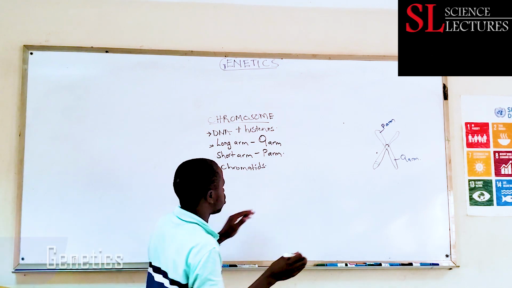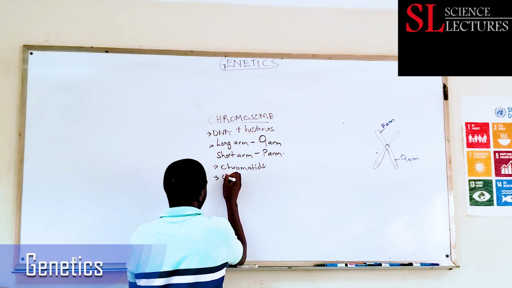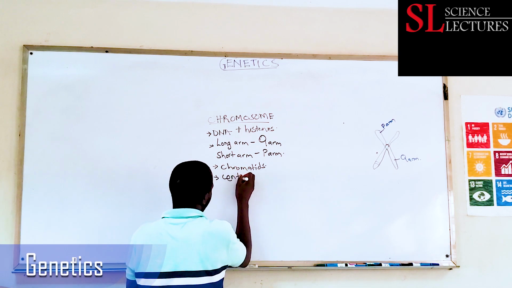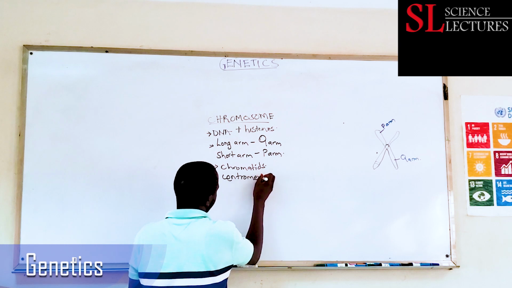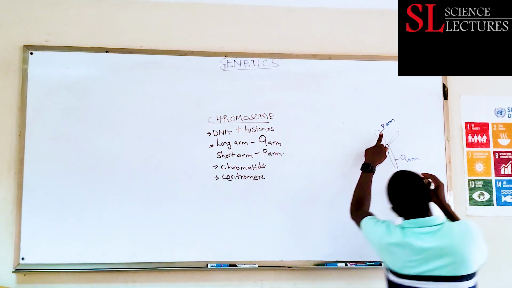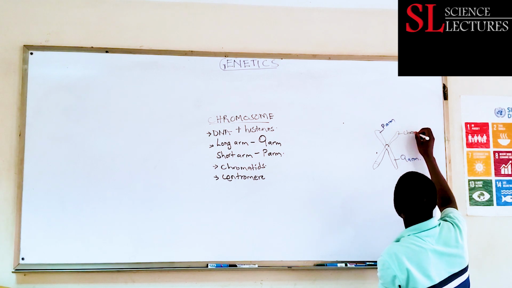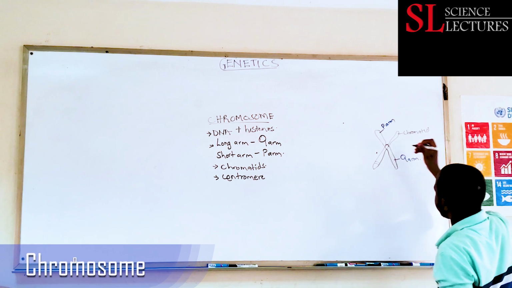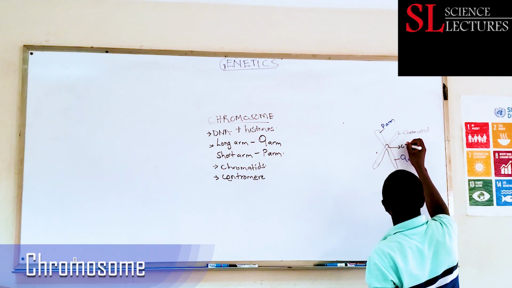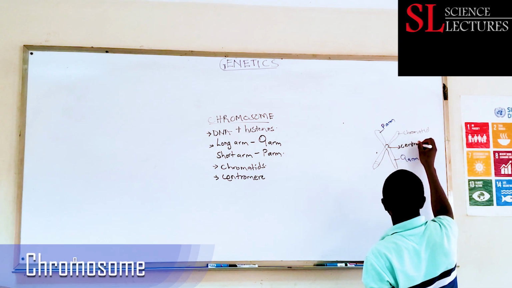And these chromatids are joined together at a point called the centromere. So this is a chromatid and this is also a chromatid. We have one chromatid here, we also have another chromatid here, and the two are joined together by what we call the centromere.